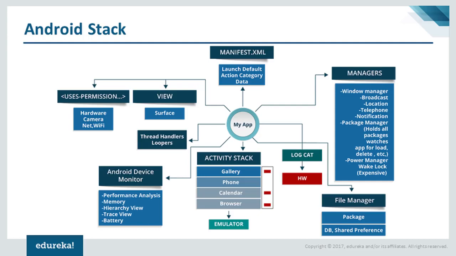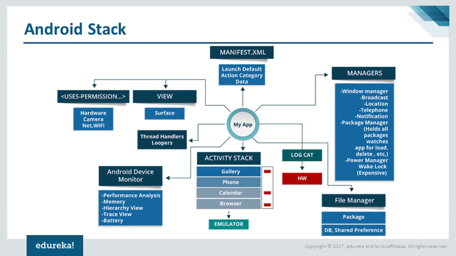Then, for example, if you're writing your SQLite database, that database is going to be there in the file manager. And if you're writing anything related to the shared preferences, that is going to be under the file manager. All this data cannot be seen by the outsider, and this is going to be common to the process that you're running, and those are the data that sit inside the file manager.